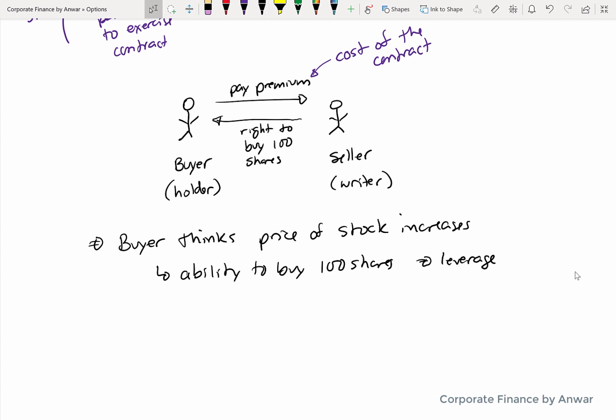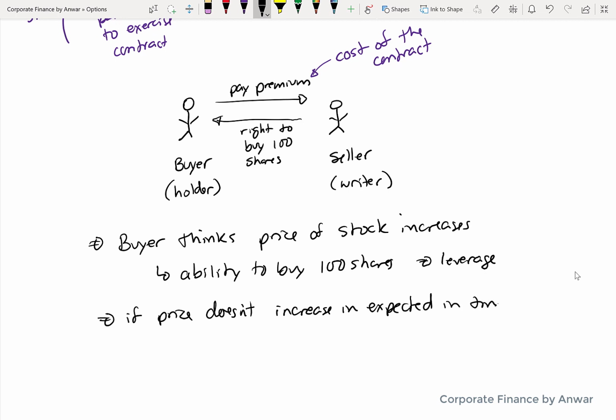So then why wouldn't everyone do this if you think the stock's going to go up? The reason would be if the price doesn't increase in the expected time. Remember I said these things have an expiry date. Let's suppose the expiry date is 3 months. They're generally shorter than a year. You can get longer options, but most people trade shorter options.